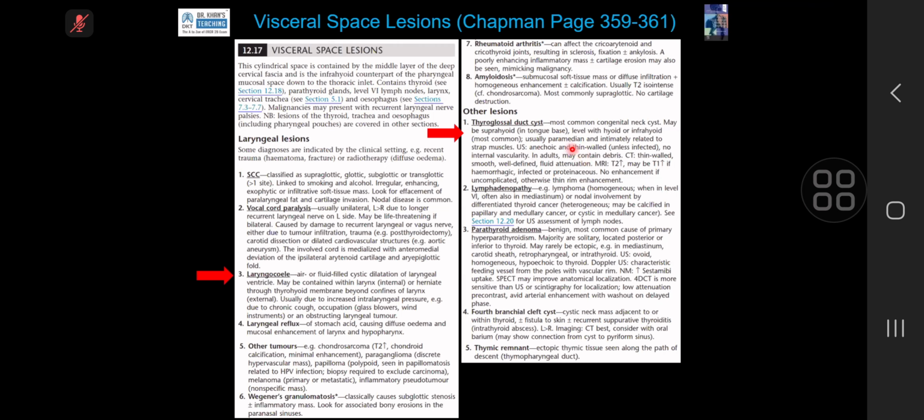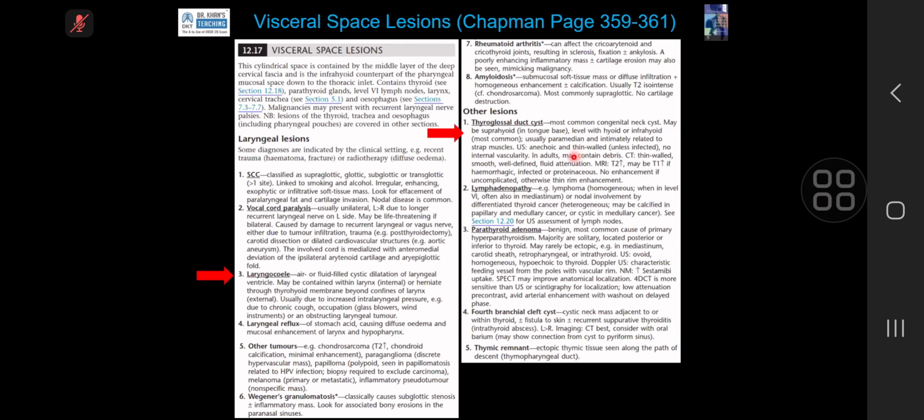The basic concept is that the thyroid gland, embryologically speaking, the pyramidal lobe, starts developing at the floor of the tongue.